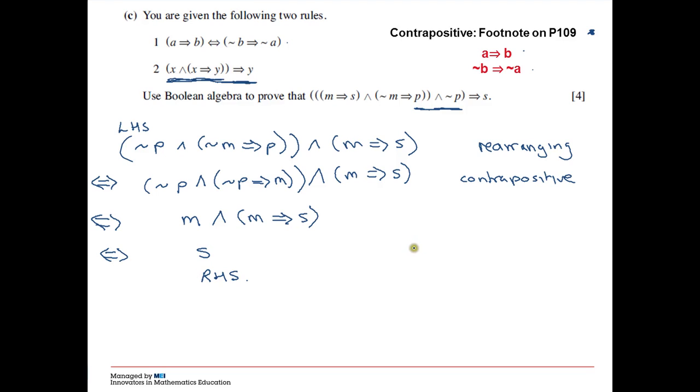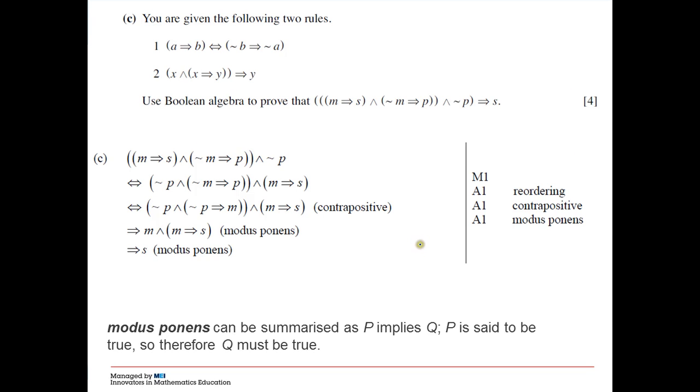Looking at the mark scheme here, you'll see that there's a method mark, and the method mark is for basically having a go, and that having a go would be the reordering here. Have you tried to reorder it in a way that enables you to use the two rules that you were given?